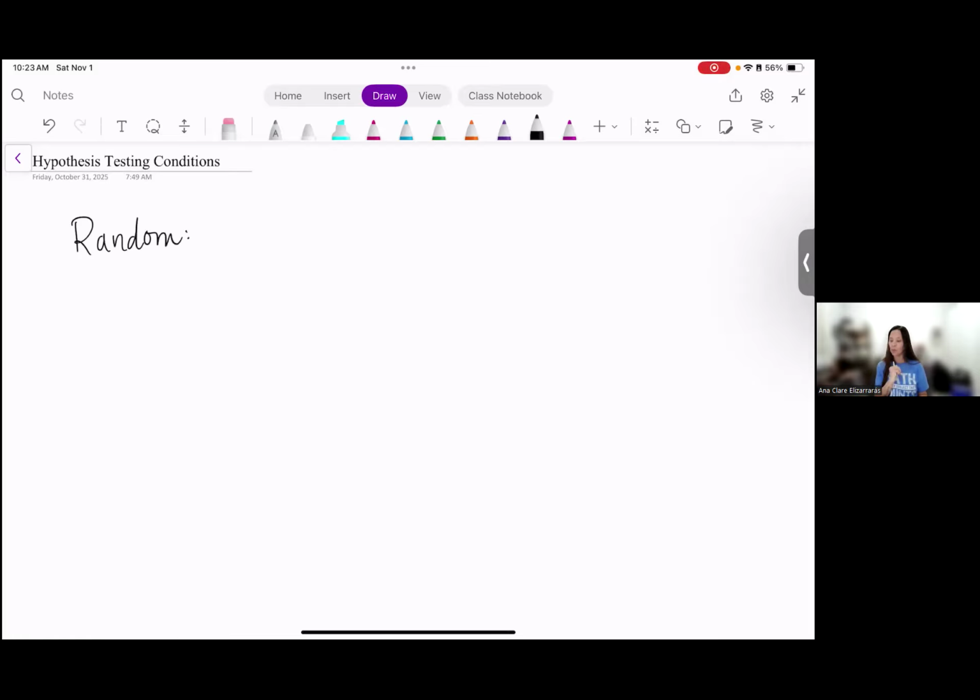Random. Again, we need to make sure that it is stated that our sample was randomly selected. And the reason that we do this is to be able to generalize to the population. We're trying to create samples that are similar to the population and reduce bias.